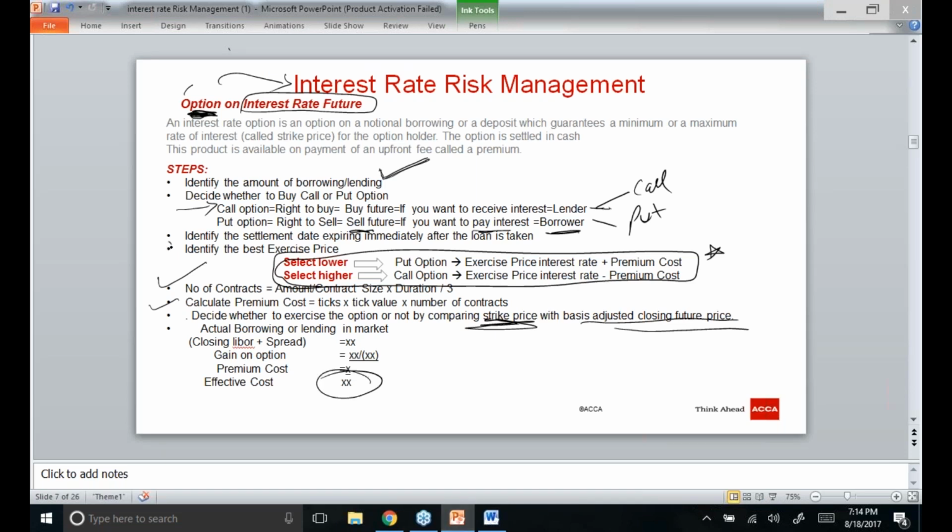And what about the fourth step? Identify the best exercise price. Okay. In case of put option, identify the exercise price interest rate plus premium cost. Select lower one.